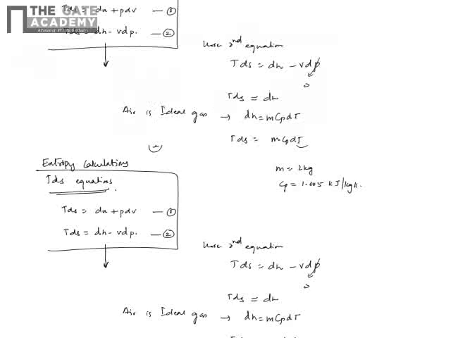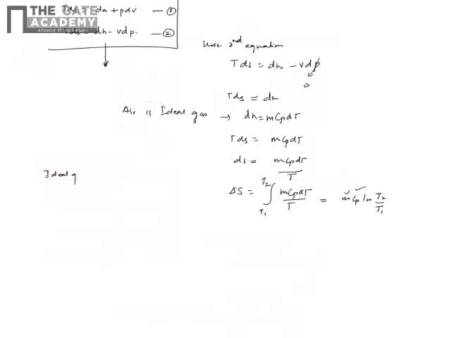I can use the ideal gas equation. If I use the ideal gas equation at state 1, I can write PV is mRT. Well, how do I find temperature? T is PV by mR, and R also is something which you need to remember, 0.287 kilojoules per kg Kelvin.